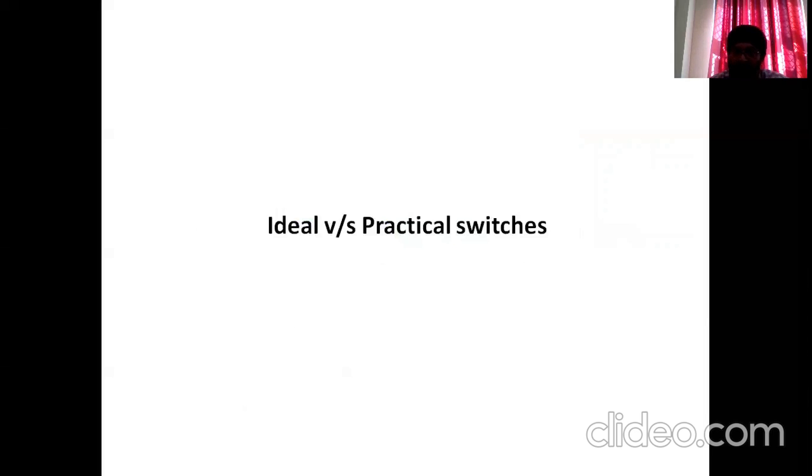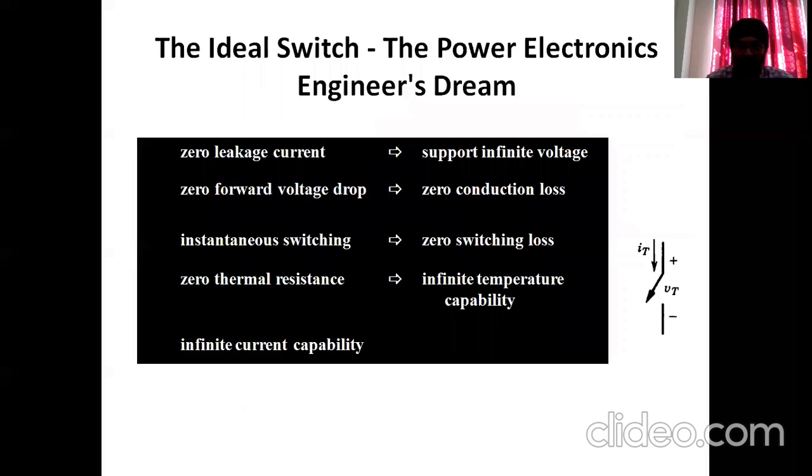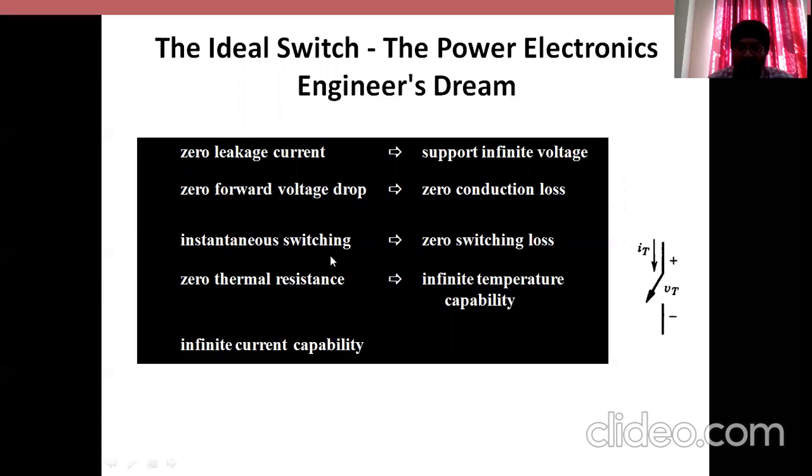So, ideal versus practical. Once we are done with all three categories of switches, we can now compare what is an ideal and a practical switch. Ideally, we want zero leakage in that switch. We want zero forward voltage drop, so threshold voltage should be zero. Instantaneous switching, so no delays in switching.